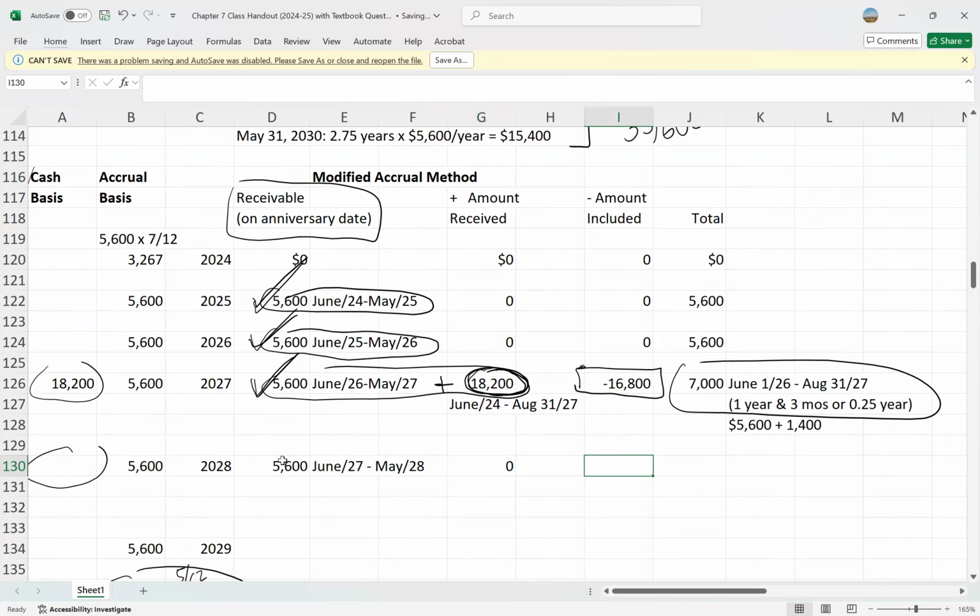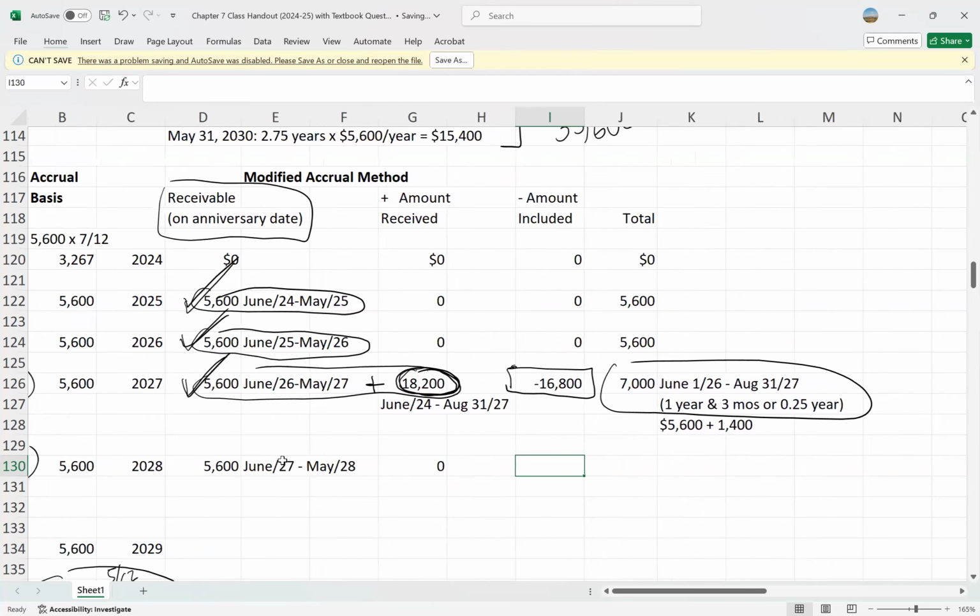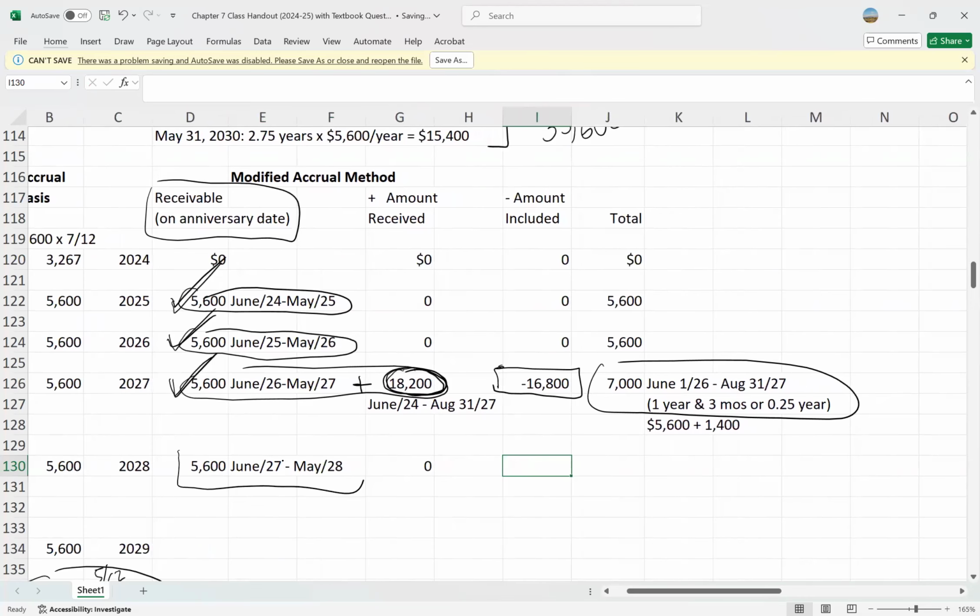Now we have to figure out how much we have to deduct in the last column. Now, if you think about it, this 5,600 includes everything from June 2027 to May 2028. We already included 3 months here. So remember, this 7,000 included everything from June 1st, 2026 to August 31st, 2027. So there's this overlap of these 3 months here.